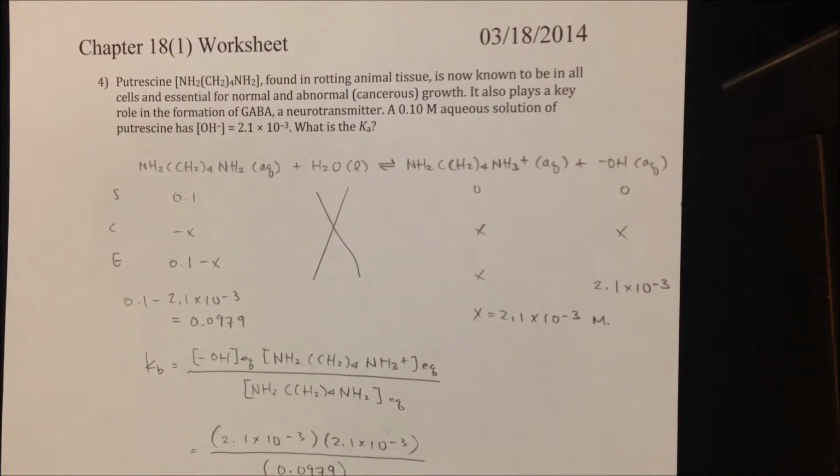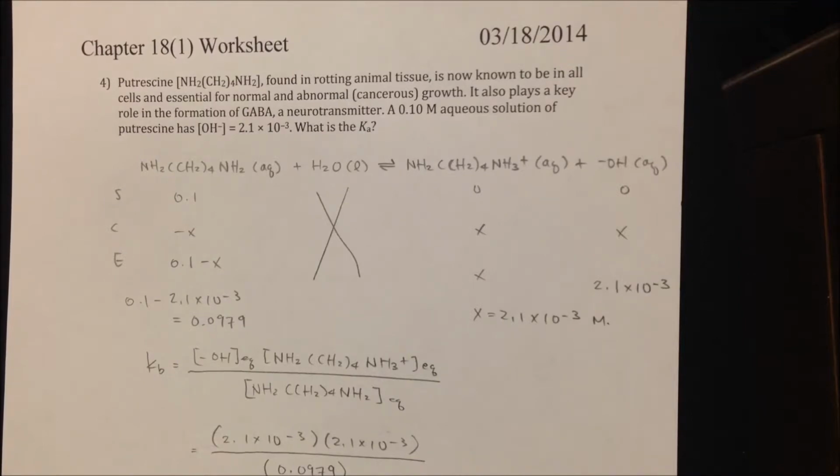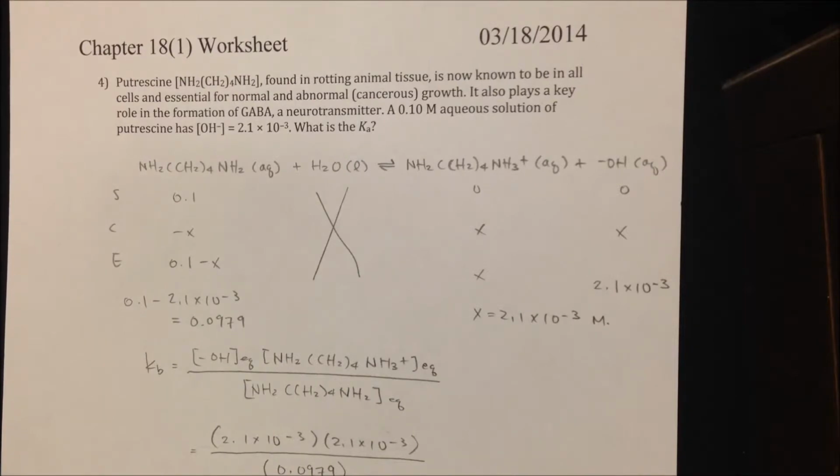So 0.1, minus x, 0.1 minus x, and we stop right there. Well, H2O is in liquid form, so we don't include that in the equilibrium, right? So let's just focus on the products right now. At the beginning there's no product formed, the change is x, and then you get both x's at the end.